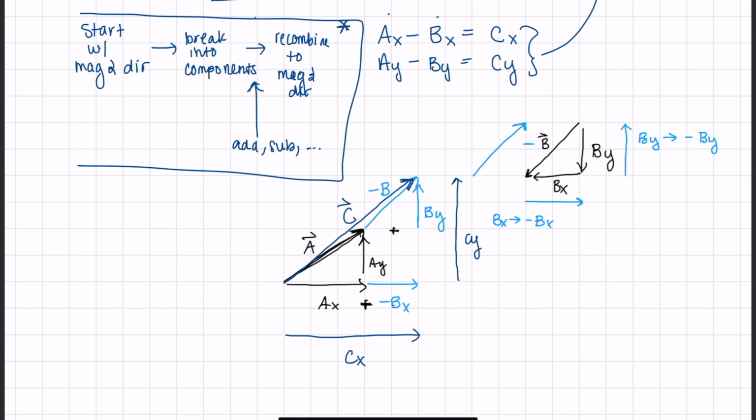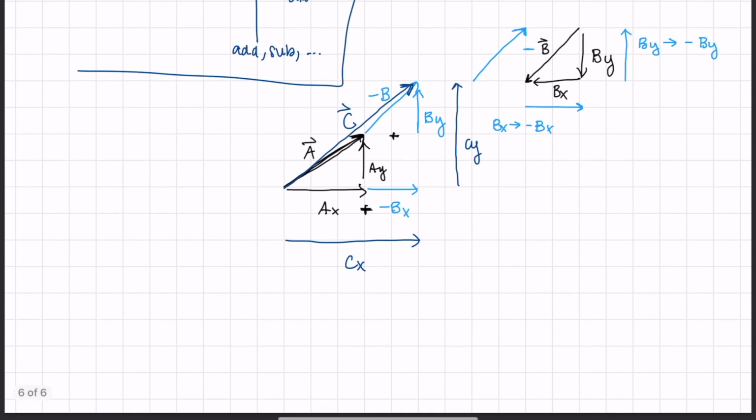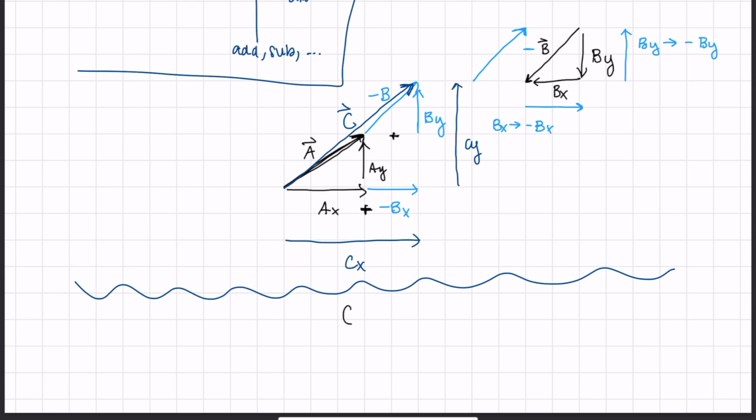Okay, last step, which I think I've already spoiled the punchline that I wanted to talk about here, was multiplying by a constant, which is kind of what I did with that negative as far as the subtraction. So multiplying by a constant, it just distributes. So if we have C defined as some constant, let's use something different, some constant K. So this is just any number that's not a vector.